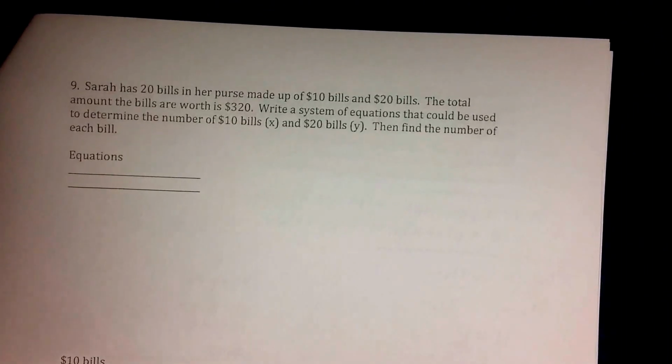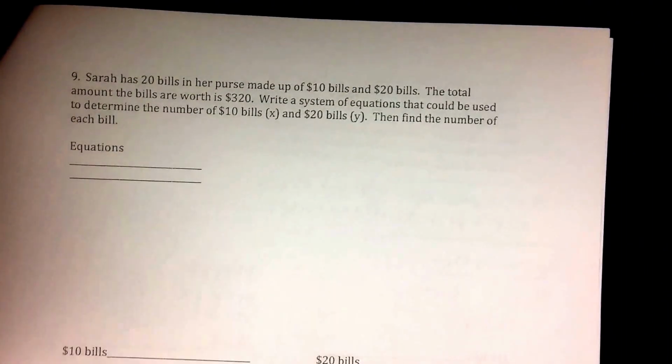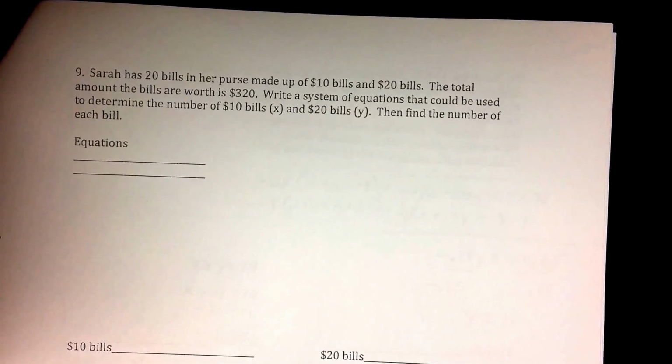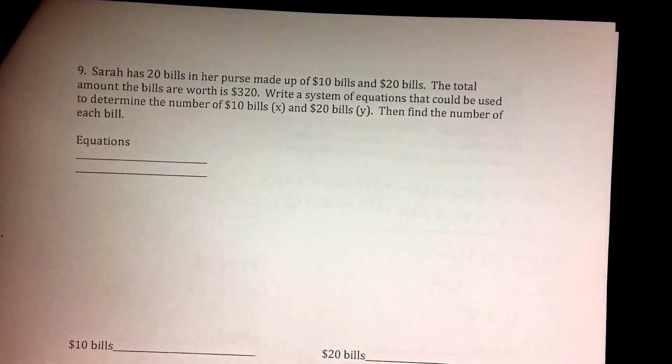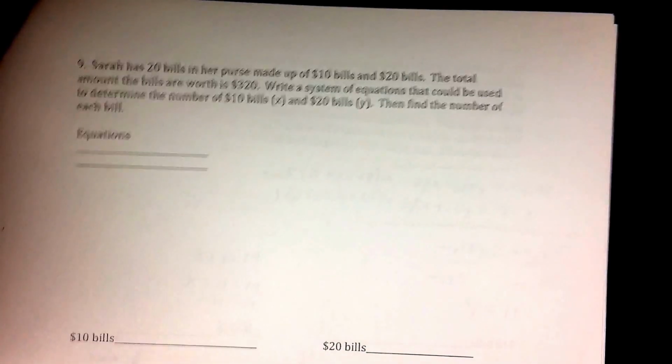Now, the last type of problem that I made up here dealt with dollar bills, or different types of bills instead of coins. So 9 says Sarah has 20 bills in her purse made up of $10 bills and $20 bills. The total amount the bills are worth is $320. Write a system of equations that could be used to determine the number of $10 bills and $20 bills, then find the number of each bill.